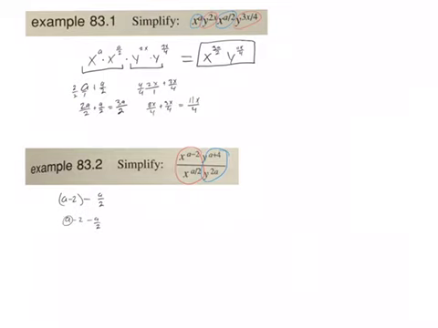Try to combine this one and this one together. I'm going to multiply this by 2 over 2. So it's going to be 2a over 2 minus a over 2 minus 2. Those parts can combine. 2a minus an a is just 1a. So a over 2 minus 2. So this thing comes out to be x to the a over 2 minus 2.